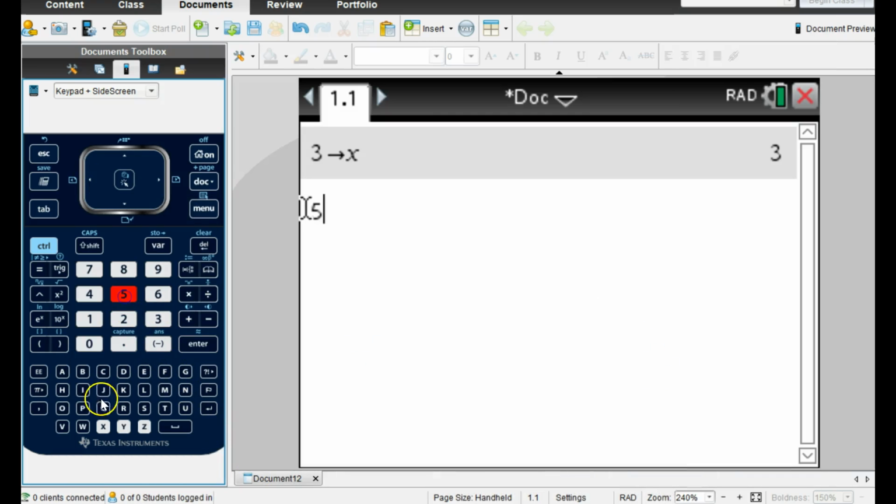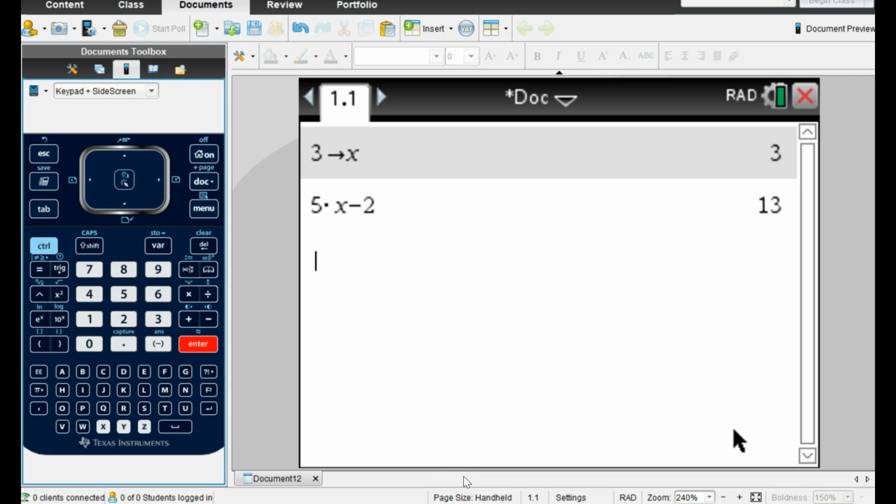So now if I just do 5x minus 2, what do you notice about the x value? It's bold. Bold means that it has something that it represents, right? So what does it represent? Well, 5x minus 2 represents 13, right? So that's one way that you can do it.